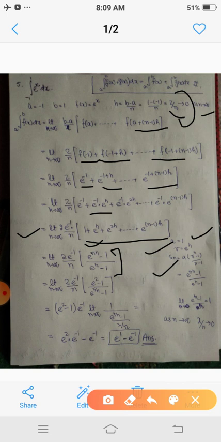e square minus 1 into e raised to power minus 1, and 2 is constant, so it comes out from this limit.